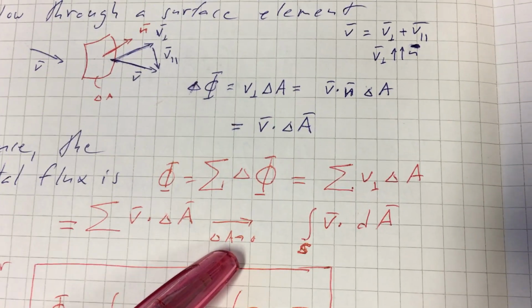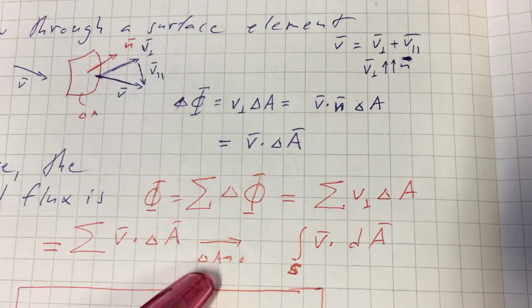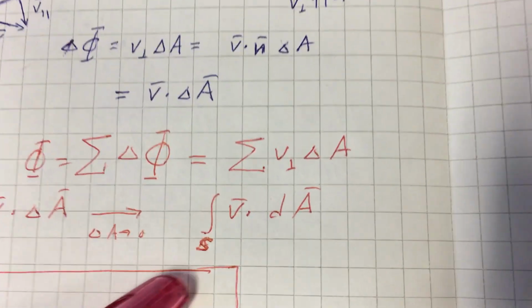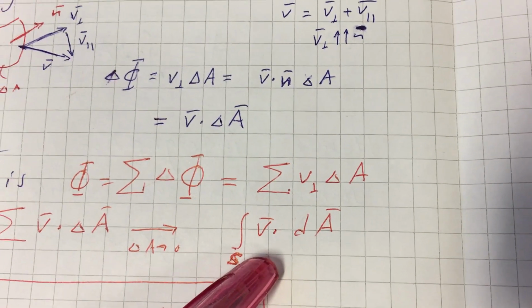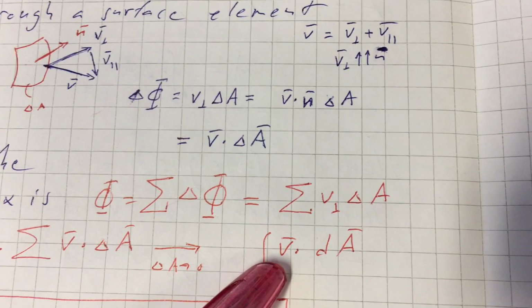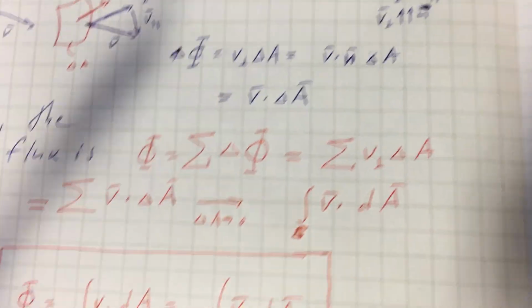And if we go to the limit of an infinitesimal area, then flux is actually the surface integral over the dot product between velocity and this surface element.